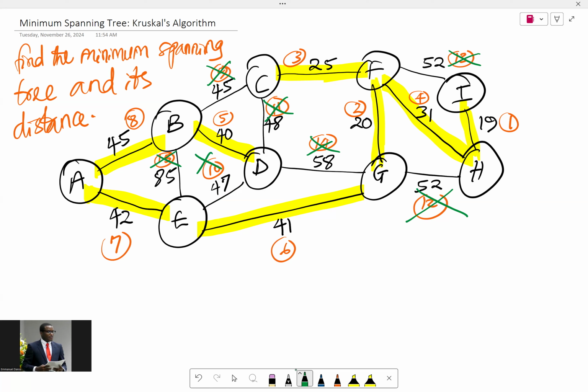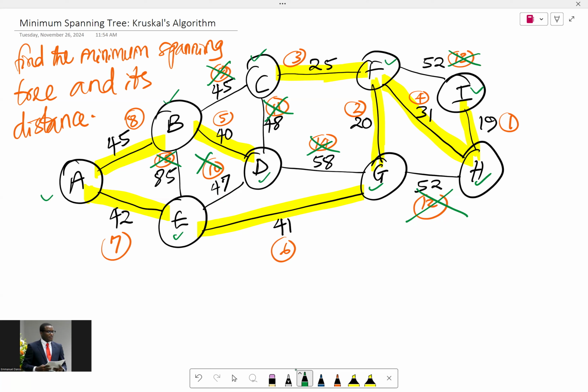So with what we have now, we have our minimum spanning tree, because we have A reached, B, C reached, D reached, E reached, F, G, H, and I all have been reached.